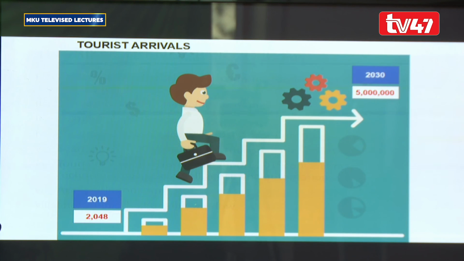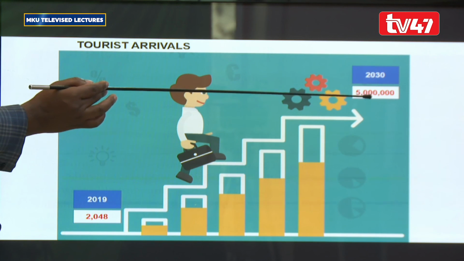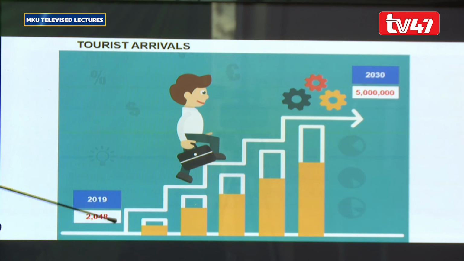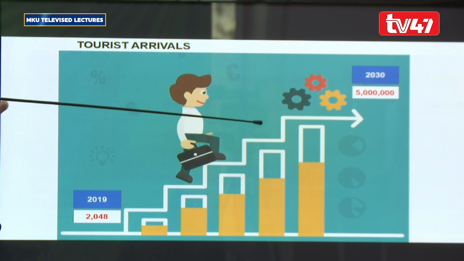So when all is said and done, when we deploy those strategies that we need as a country, we will grow from where we are right now in terms of tourist arrivals, from 2.048 million in 2019 to the projected 5 million in 2030. So as you can see, there is potential for us to grow the industry.